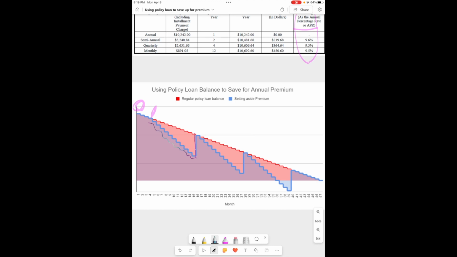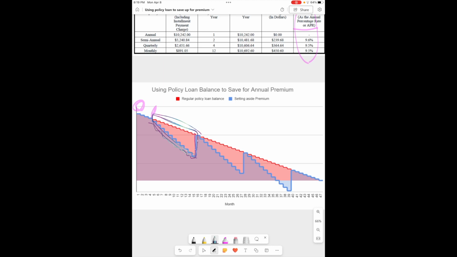This has the effect in this area here of reducing the policy loan balance for those months below what they would have been otherwise had we not been engaging in this strategy. We are saving ourselves policy loan interest.